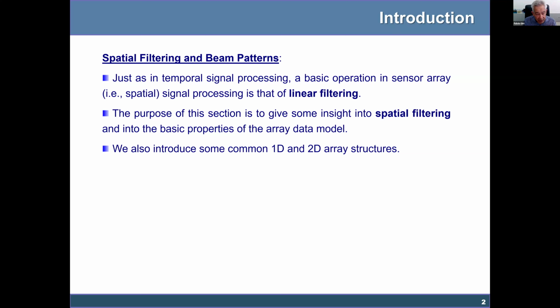Well, you will see that the idea is very similar, but now instead of the frequency, the domain is the angle of arrival. So we want to achieve a similar goal. We want to discriminate signal and noise, but not based on the frequency content of the signal, but based on the direction of arrival.